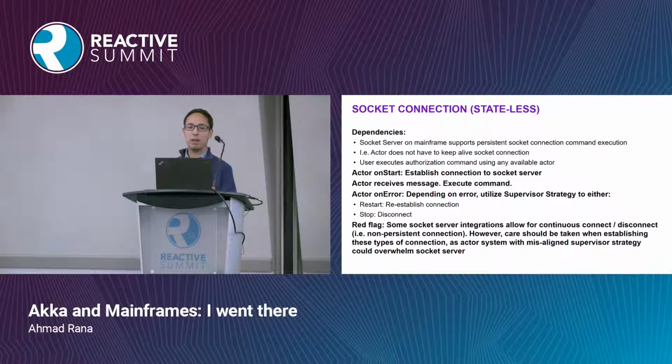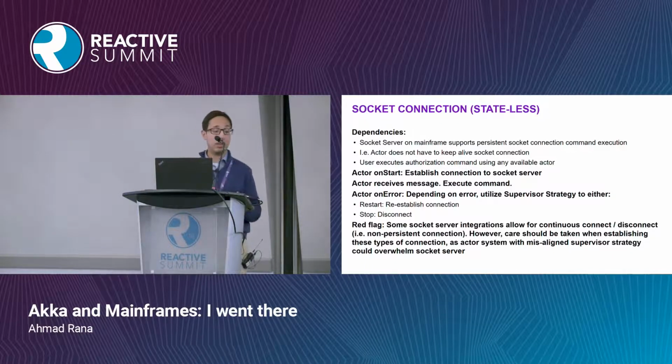Some of the dependencies that we had were, for example, that the socket server on this particular mainframe supported a persistent socket execution model. What that meant was that as long as the connection was initially established, with an acknowledgement from the mainframe socket server that everything looks fine, you can then use that socket connection to execute any command for any particular user.